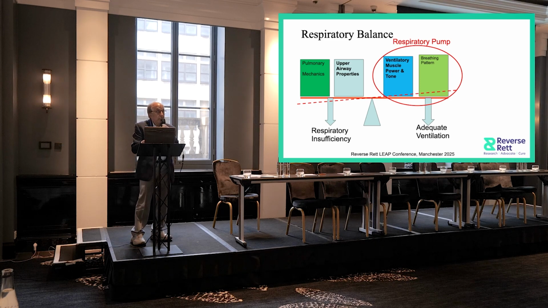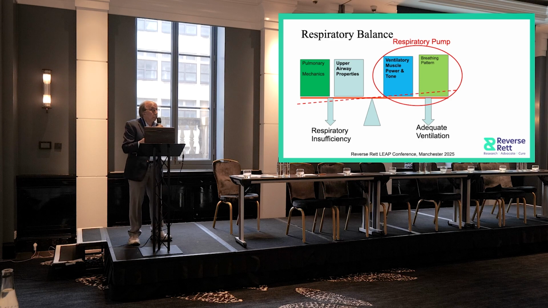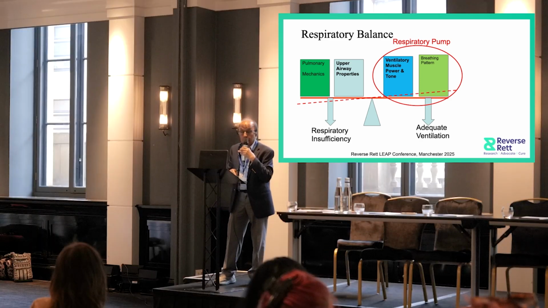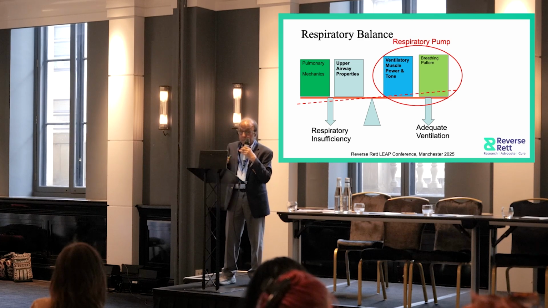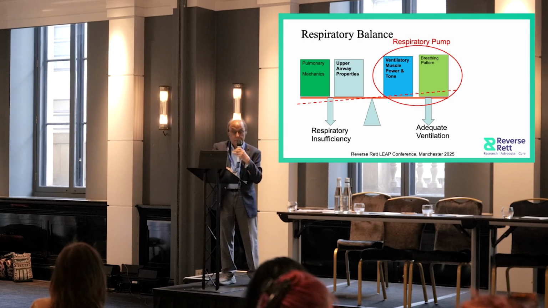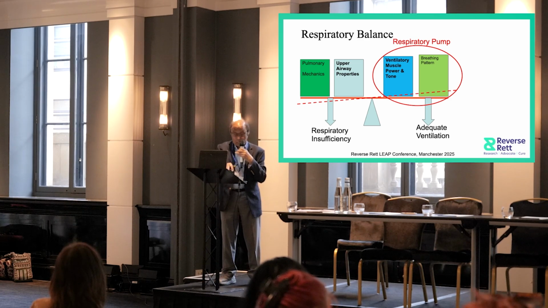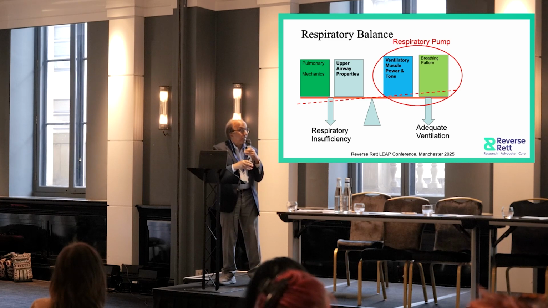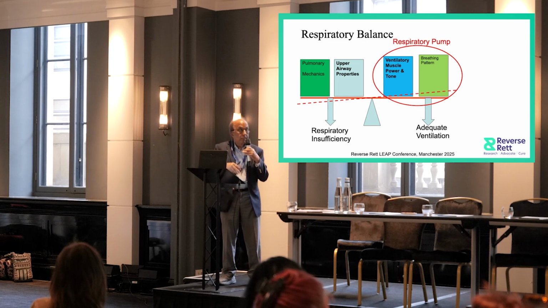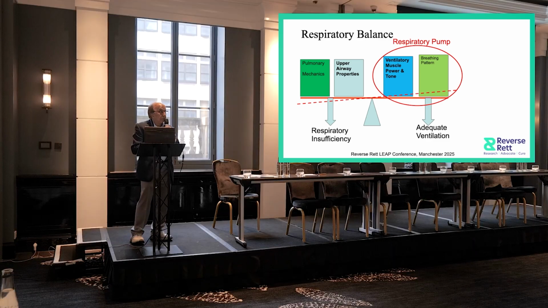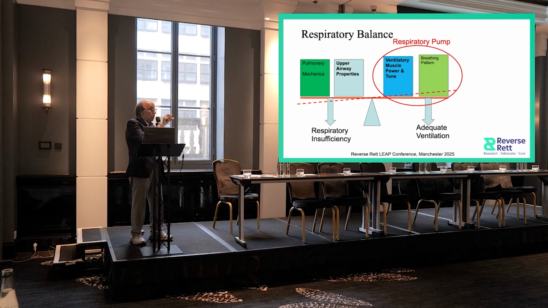On one side you have two components, your breathing pattern and the strength and tone of the respiratory muscles, and these two combined are called the respiratory pump. This component of the respiratory balance works against the pulmonary mechanics. How supple are your lungs? How easily are they distensible? What is the size of the bronchial tube? Because if the bronchial tubes are narrow, then the air will have more problems.